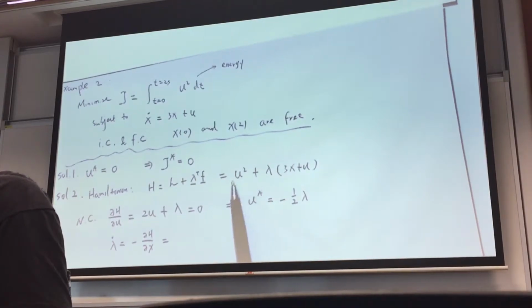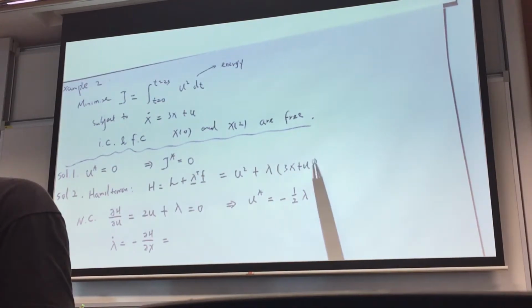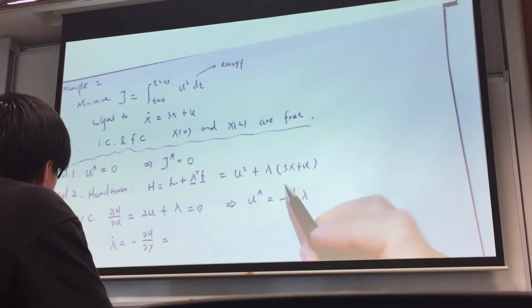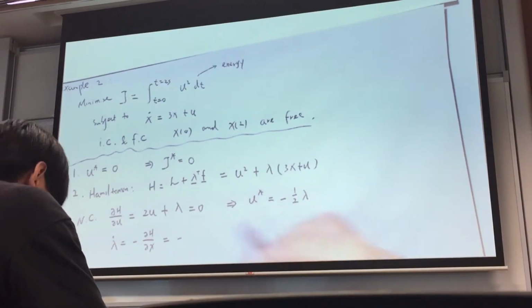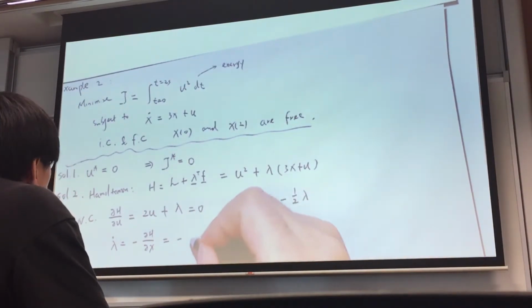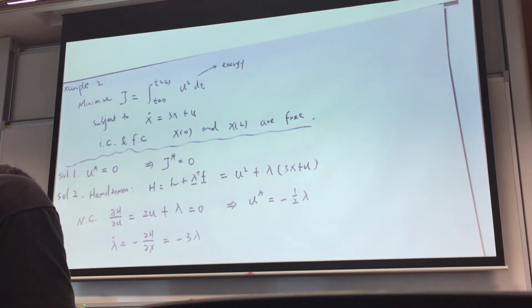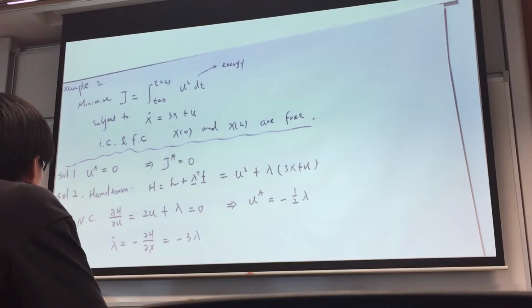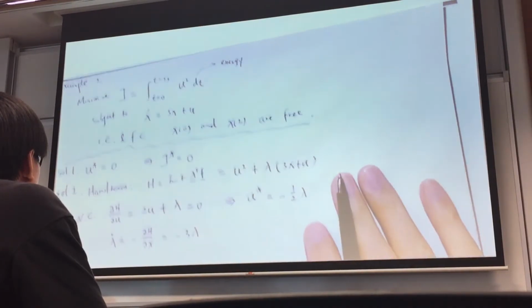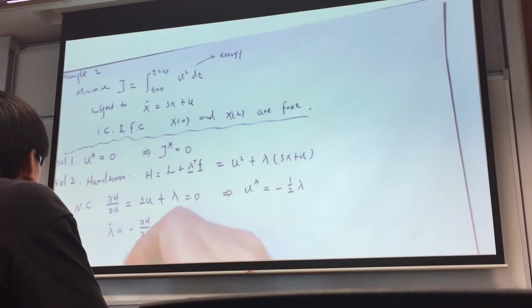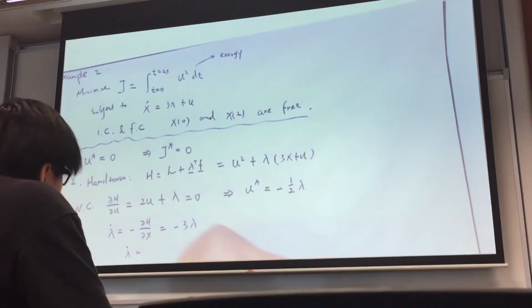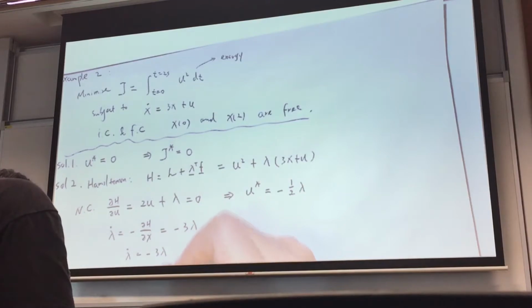So this equals minus 3 lambda. Now we have this differential equation: lambda dot equal to minus 3 lambda.